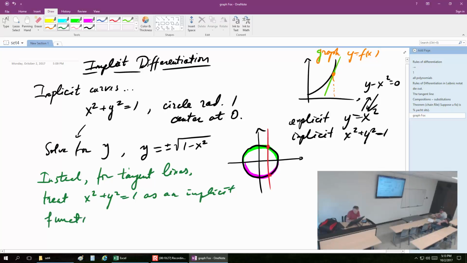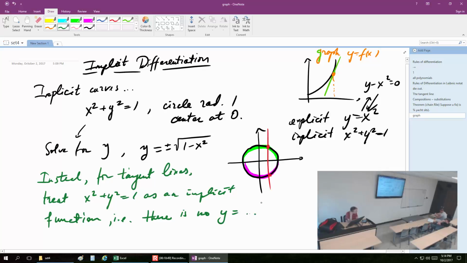The relation is here: x squared plus y squared is equal to 1 is a relation between x and y. But now we treat it as an implicit function. What it means is that there is no y equals something. So we just throw it out.